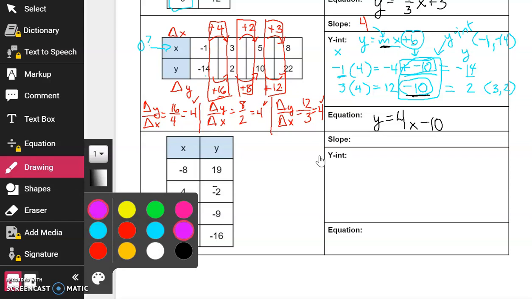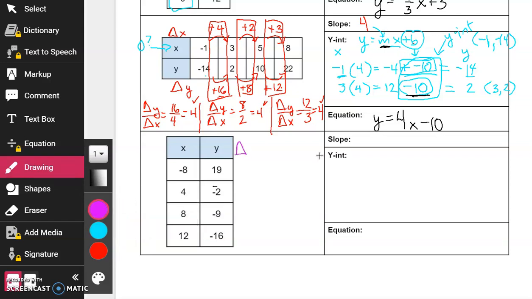Here we go. First, find your slope: change in y divided by change in x. So I'm at 19 to -2. I go down 19 and then 2 more. That's going to be -21. -2 to -9, going more negative by 7. -9 to -16, going down by 7.